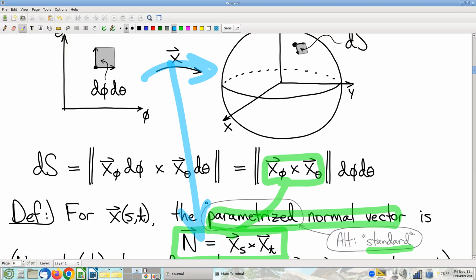This capital N will be different every time. Can they all be standard? I don't know. The word standard doesn't track for me. I'm uncomfortable with it. So I call it the parameterized normal vector because it depends on the parameterization, as it should. I hope that makes sense. Y'all happy with that? Yeah. All right.